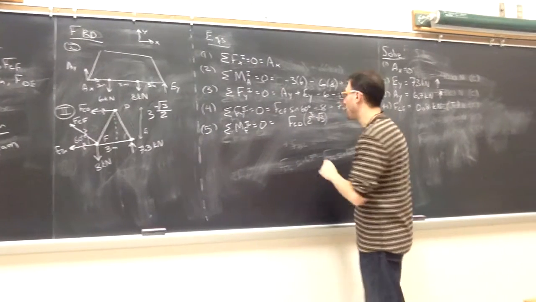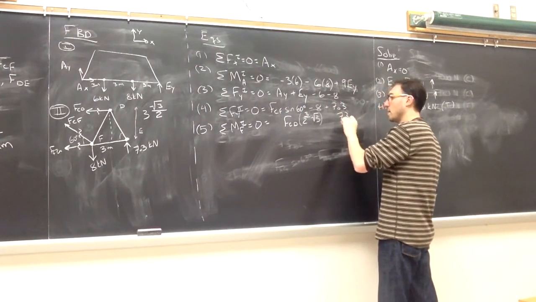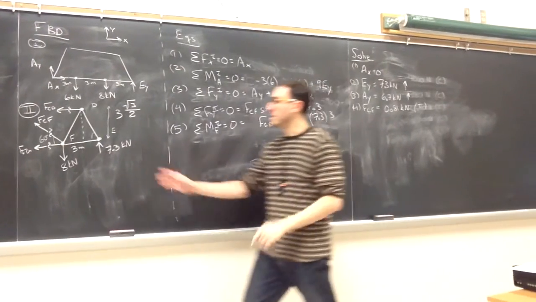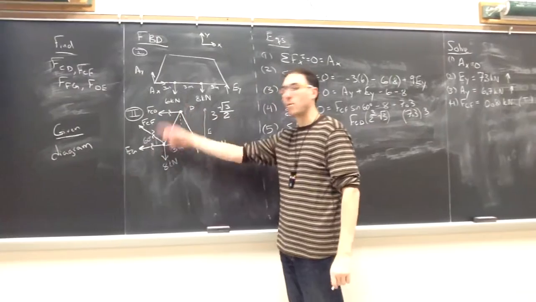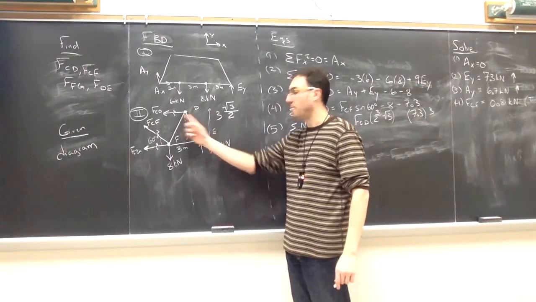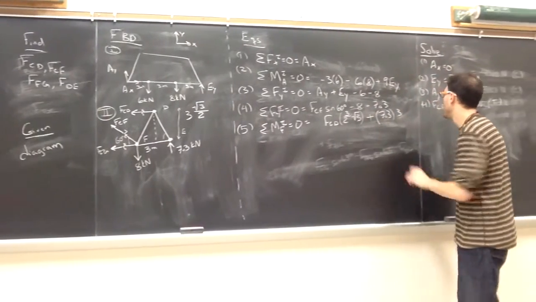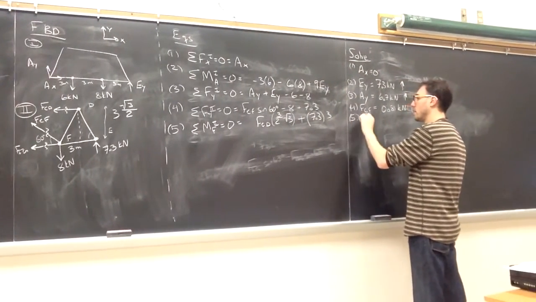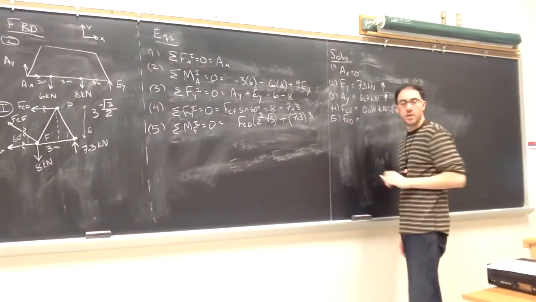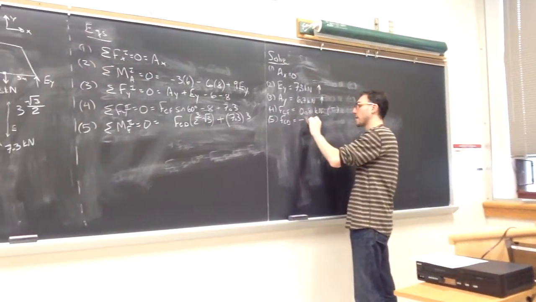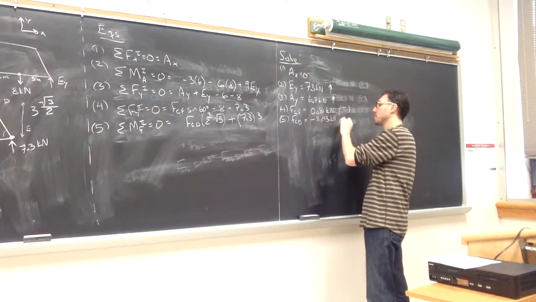And the 7.3 times its distance of 3 meters. The CD is causing a counterclockwise moment, so it's positive, and the 7.3 also counterclockwise, so positive. So for CD, I'm getting a negative 8.43 kilonewtons, so compression.